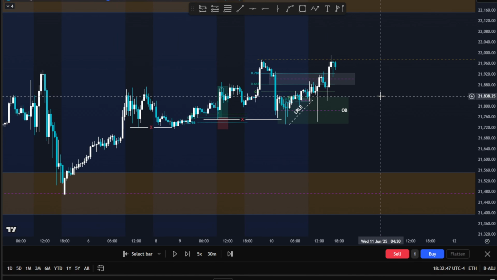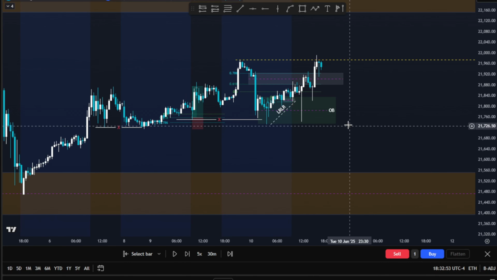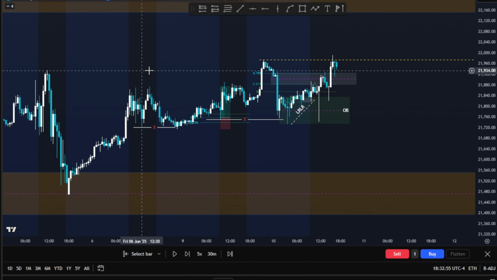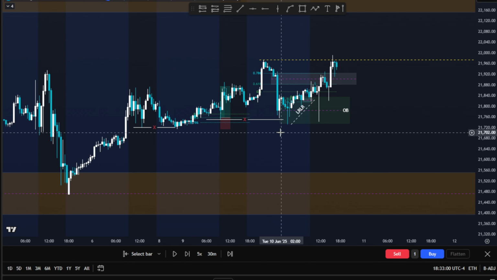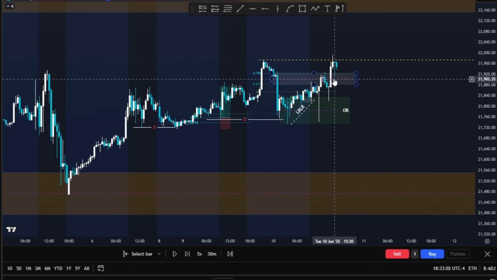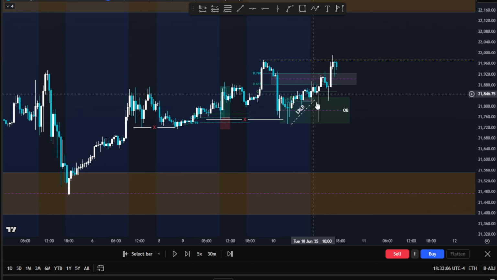Something you always need to keep in mind is never just blindly aim for a high or a low. Whenever there's a significant high that is taken, or liquidity that's taken from either buy side or sell side, there will always be a retracement into OTE, and then go back down, or in the opposite direction that you're trading from.